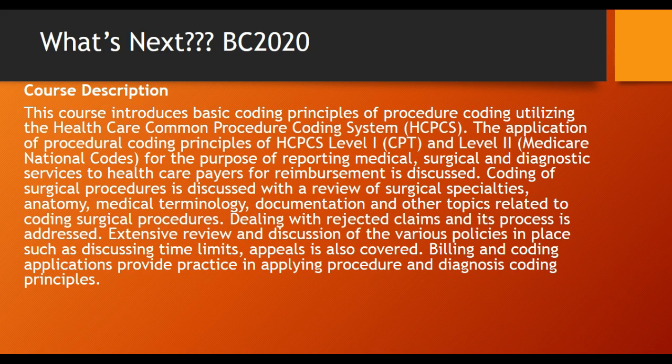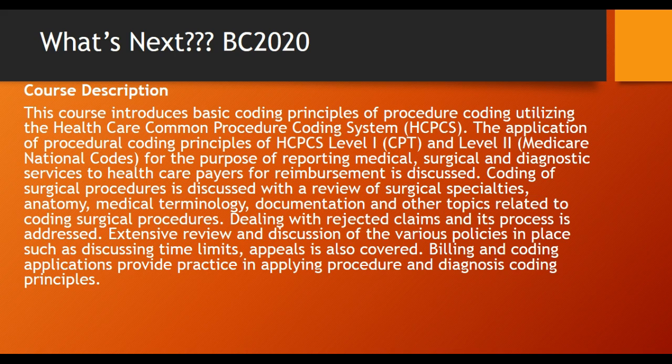This course introduces basic coding principles of procedure coding utilizing the Healthcare Common Procedure Coding System, which is HCPCS. The application of procedural coding principles of HCPCS Level 1, which are CPTs. So all procedure coding is categorized as HCPCS. You're going to learn about Level 1 and Level 2.